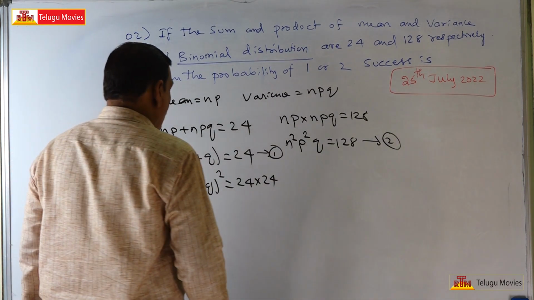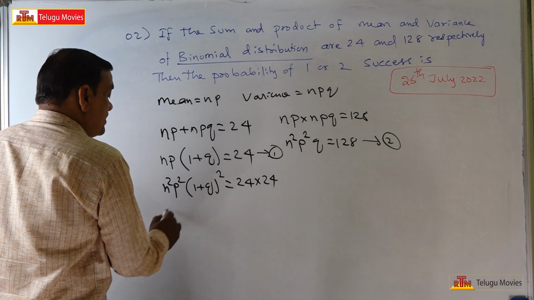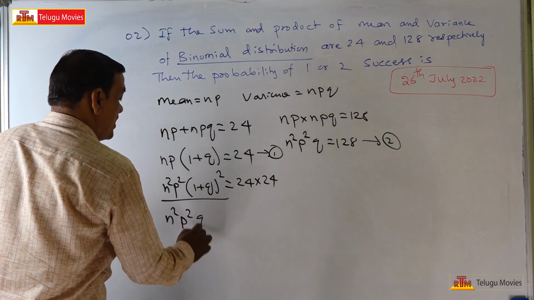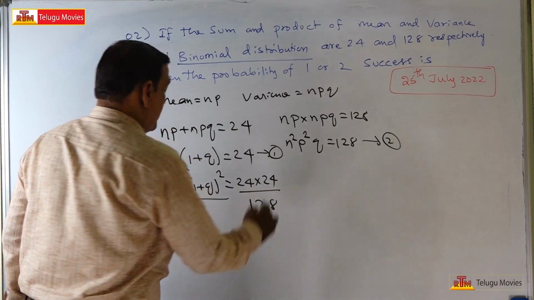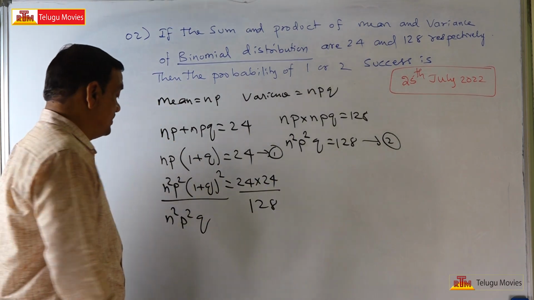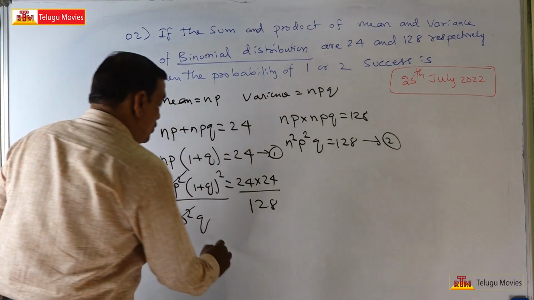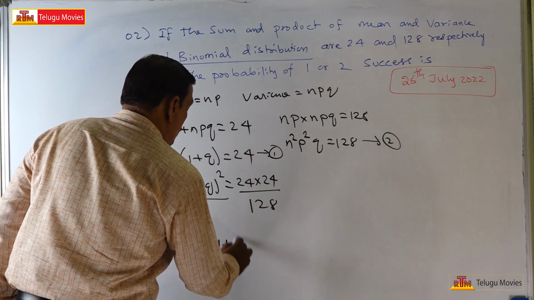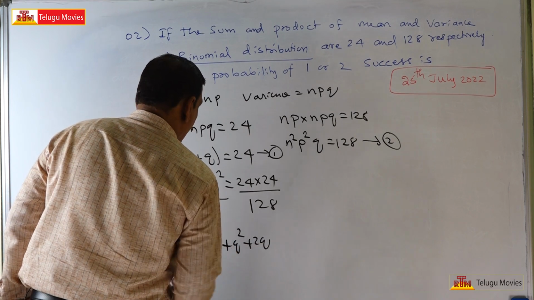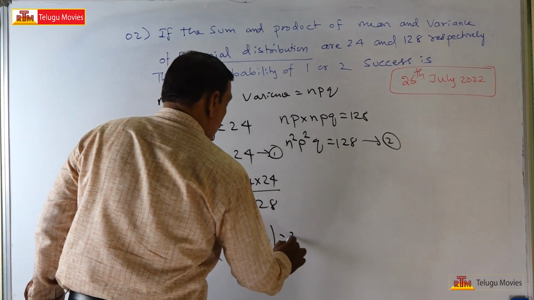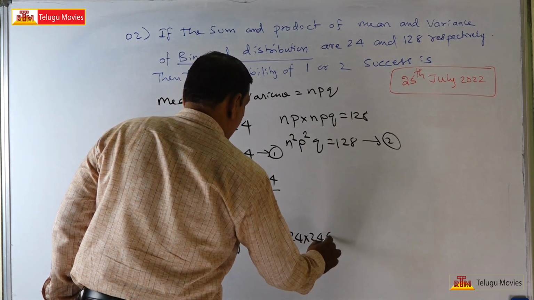Now what you have to do is divide this equation with the second equation, that is n square p square q by 128. Here n square p square will get cancelled. So here you will get 1 plus q square plus 2q over 128, this is equal to 24 into 24q.